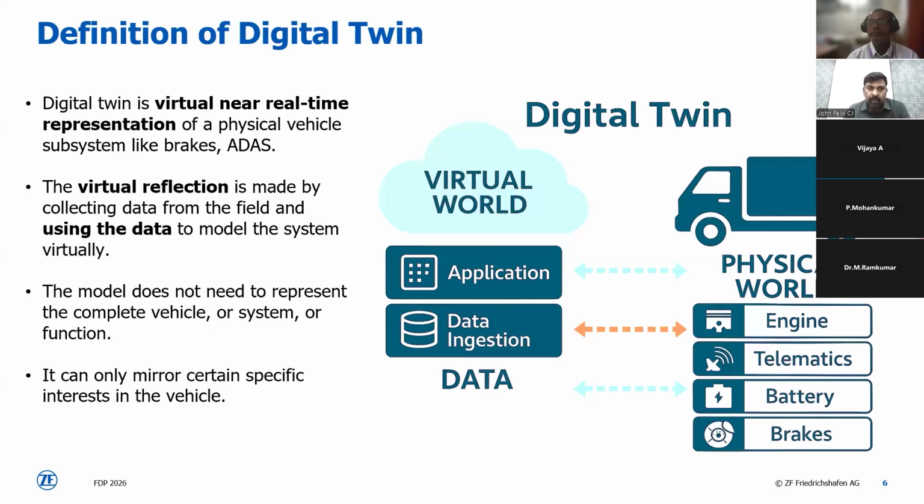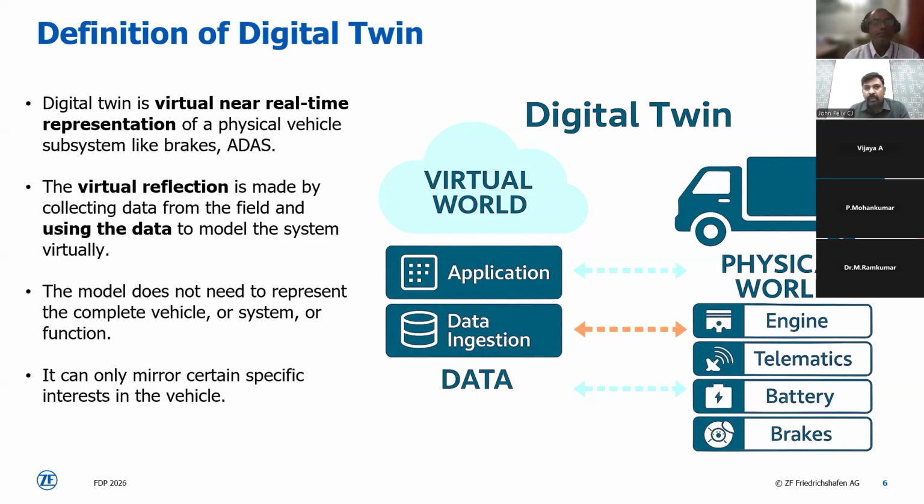In my perspective, a digital twin is a virtual near real-time representation of a physical vehicle subsystem, more specifically like brakes, ADAS, engine, or specific subsystems. I want to emphasize the keywords near real time.